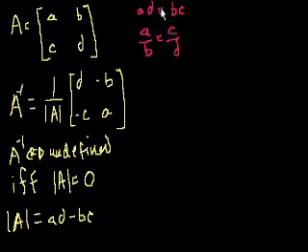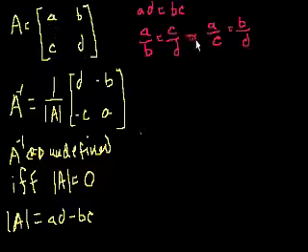Or another way we could write this expression: if A over C, if I divide both sides by C and divide both sides by D, is equal to B over D. So another way that this would be singular is, and it's actually the same way, if this is true, then this is true. These are the same, just a little bit of algebraic manipulation. But if the ratio of A to C is equal to the ratio of B to D, and you can think about why that's the same thing as the ratio of A to B being the same as the ratio of C to D. Anyway, I don't want to confuse you.